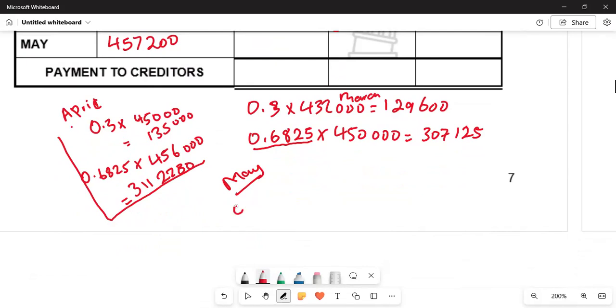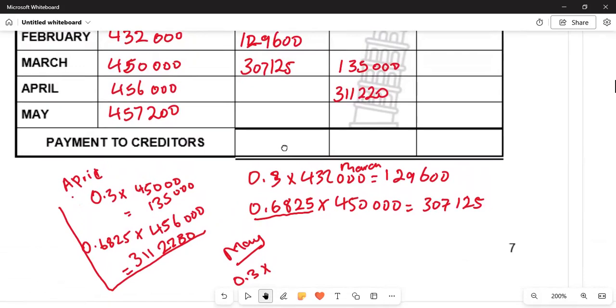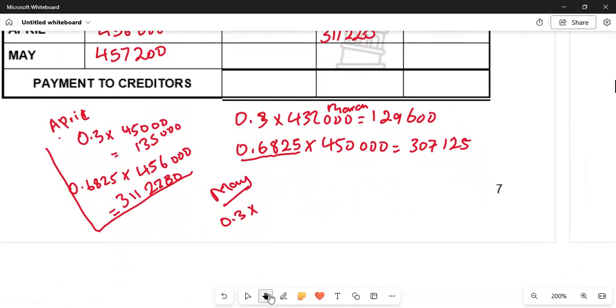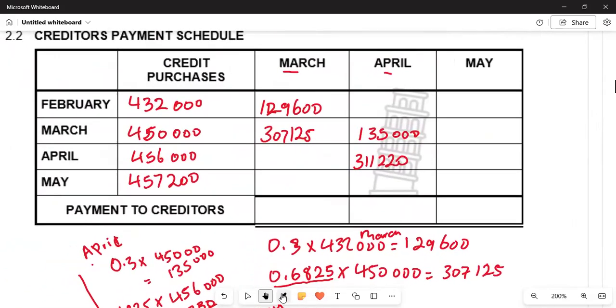We say 0.3 multiplied by the credit purchases of April, which is 456,000. 456,000 is going to give us 136,800.